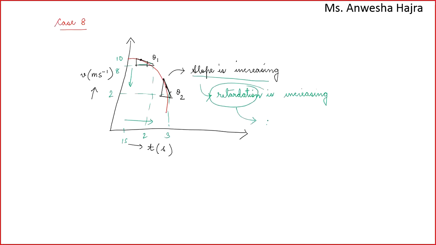Because here velocity is decreasing with time. Here also we won't be asked to calculate the retardation or the distance, because without the help of calculus, you cannot find the area of the curve.